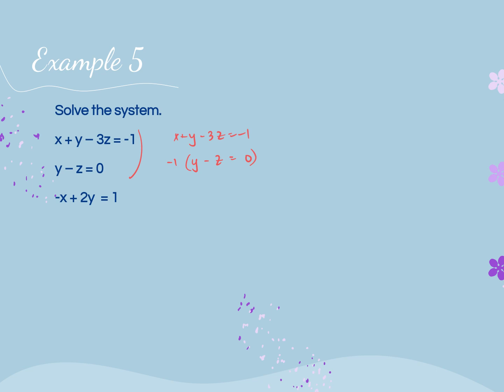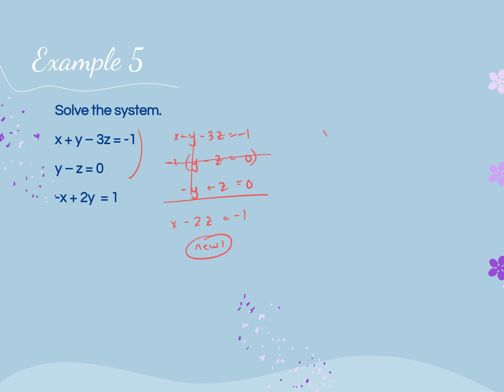Sorry. Okay, so I'm going to get -y plus z equals 0. That cancels. And then I'm going to get x, my y's cancel, minus 2z equals -1. And that'll be my new 1, right?